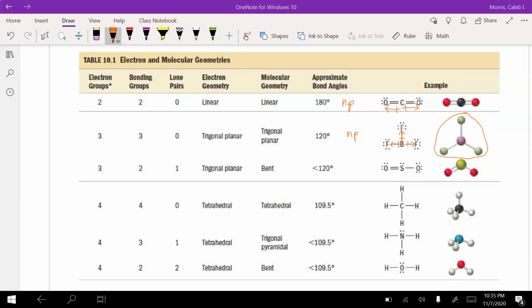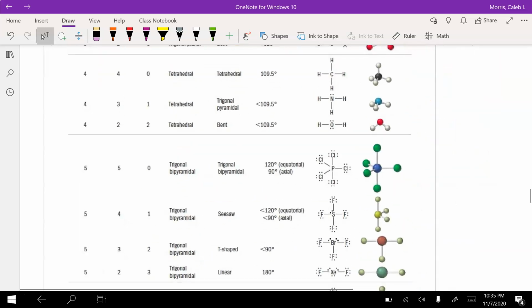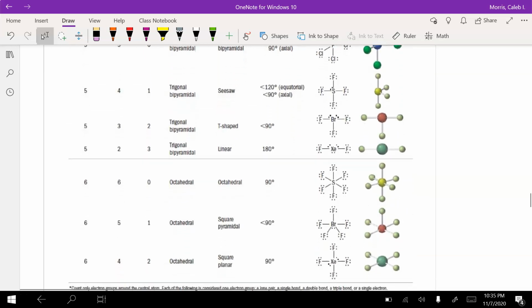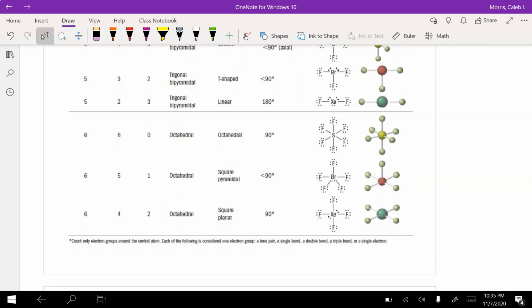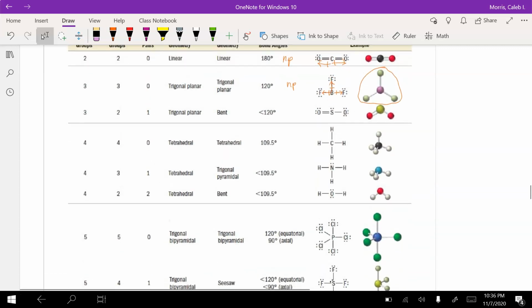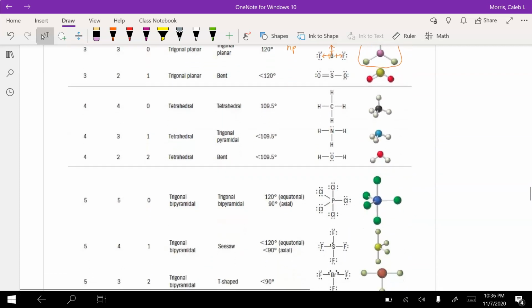Now, with all of the examples in this table, we're assuming that the atoms on the outside, so our outer atoms, are the same. So that's an important concept. If any of those atoms were different, then they would automatically be polar.